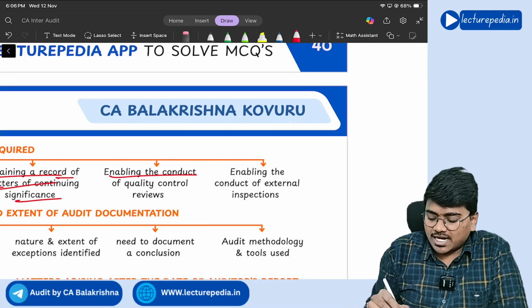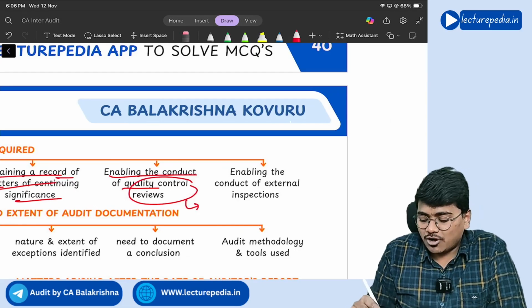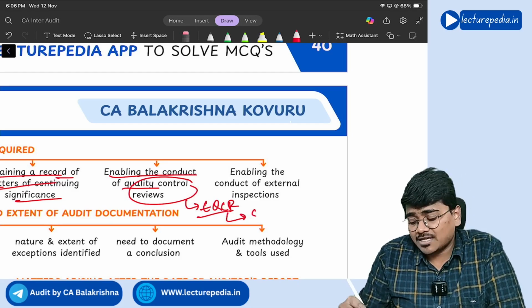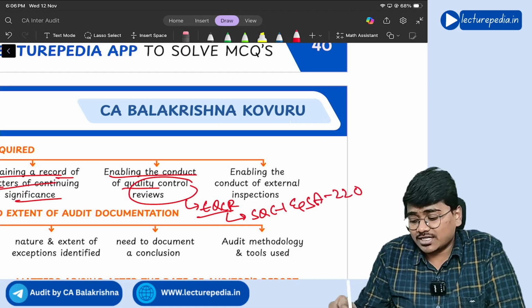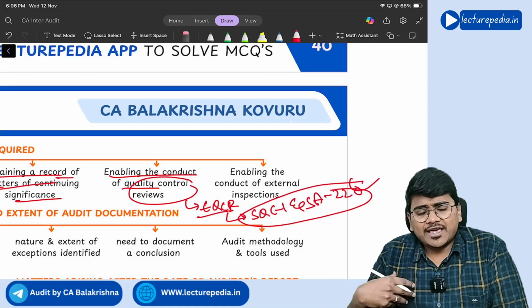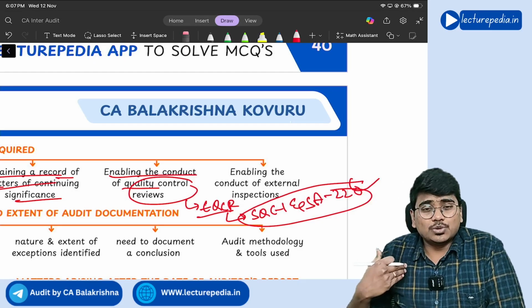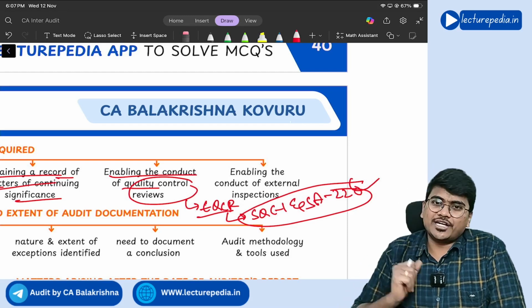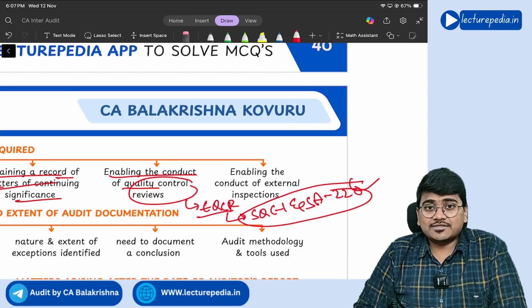Next, enabling the conduct of quality control reviews. So we have the concept of engagement quality control review that we will be seeing in which standard? SQC 1 and SA 220, right? So for the engagement quality control reviewer to do the engagement quality control review, he requires audit documentation. That is also one of the benefits or advantages of audit documentation.